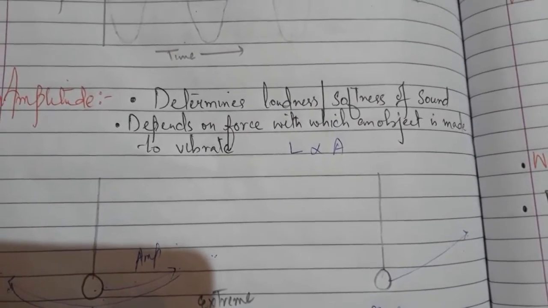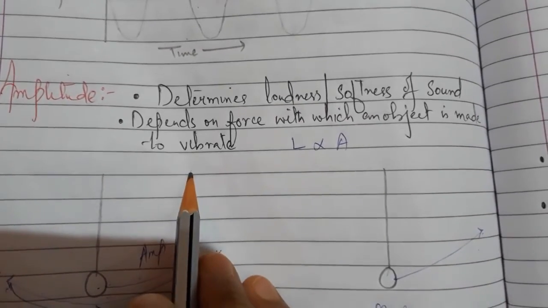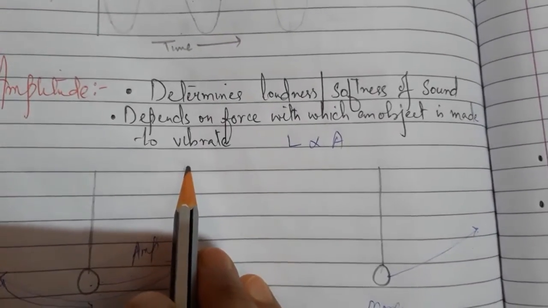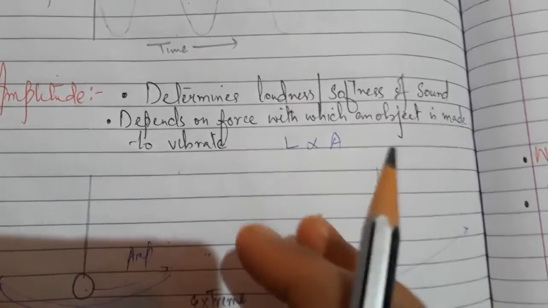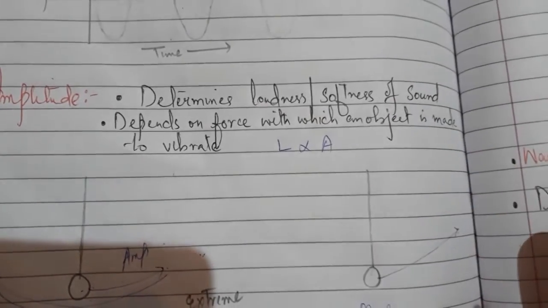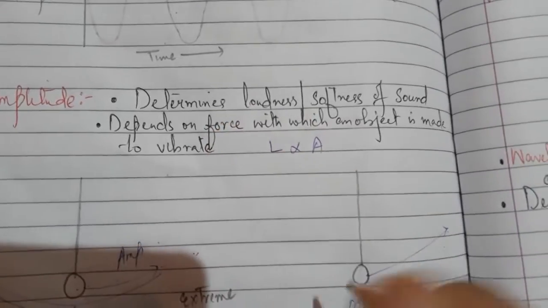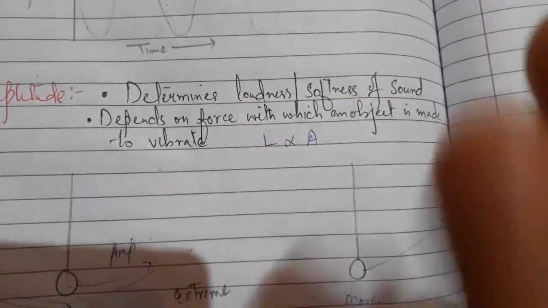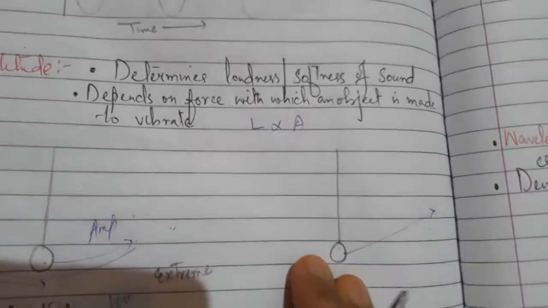It primarily depends on the force with which an object is made to vibrate. For instance, if I tap this notebook, something is vibrating, and those vibrations produce sound. If I tap this very hard, I'm applying a greater force, the vibrations will be greater, and the sound produced will be louder.